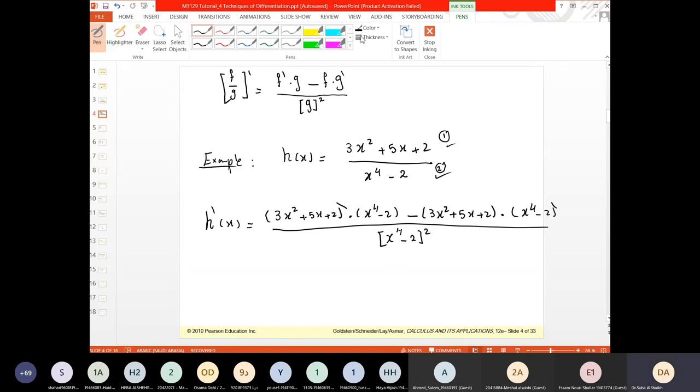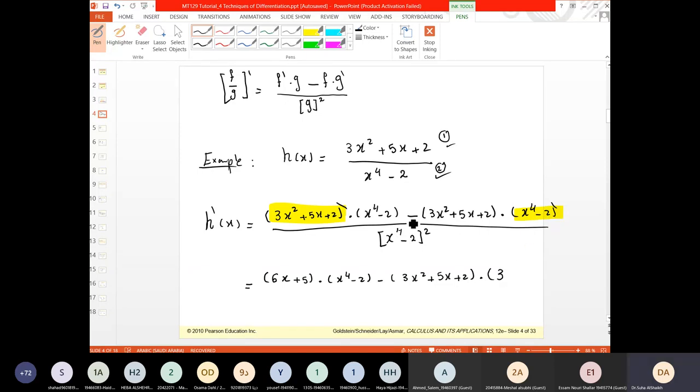Now we find the derivative of this, and the derivative of this. Yalla, what's the derivative of 3x squared plus 5x plus 2? It is 6x plus 5, multiplied with x^4 minus 2, minus 3x squared plus 5x plus 2 multiplied with the derivative now of x^4 minus 2.